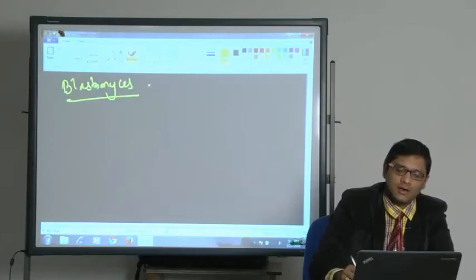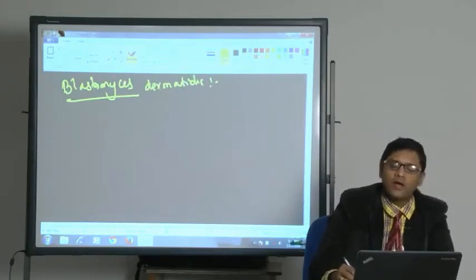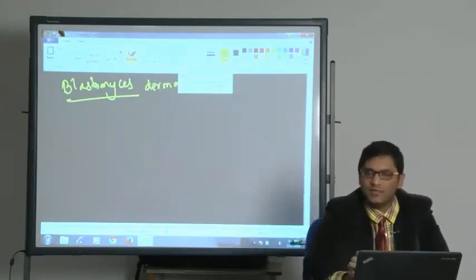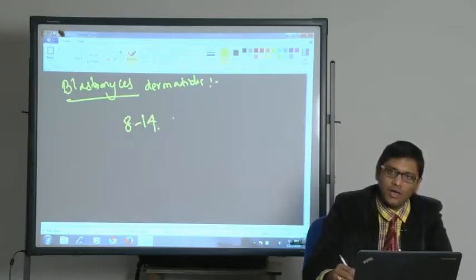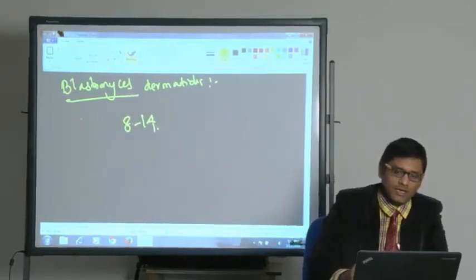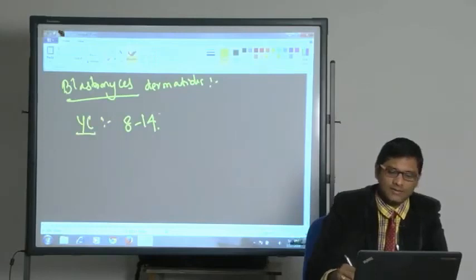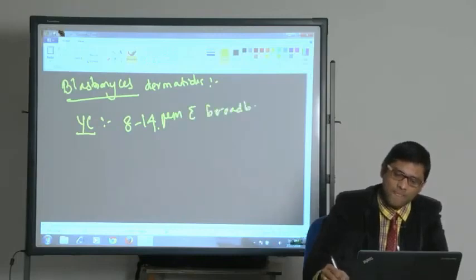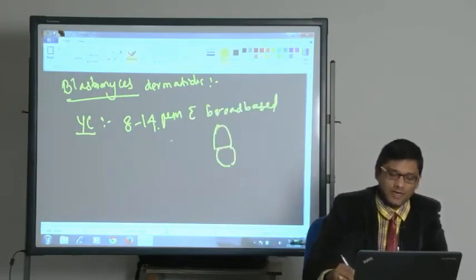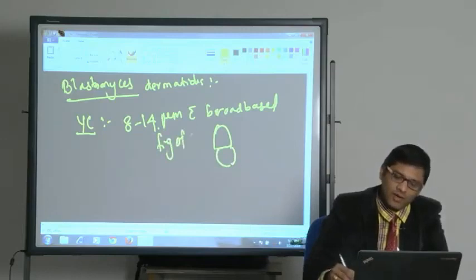Blastomyces dermatitidis. Here, in Histoplasma, the yeast form is a 2 to 4 micron yeast cell with narrow base budding. Here, the yeast form is described as an 8 to 14 micron yeast cell with broad base budding, which is described as figure of 8 appearance.